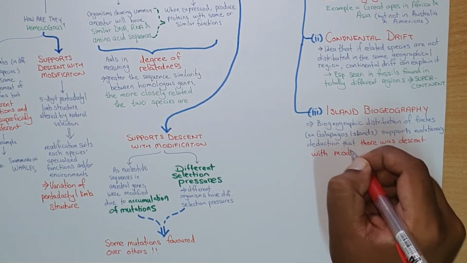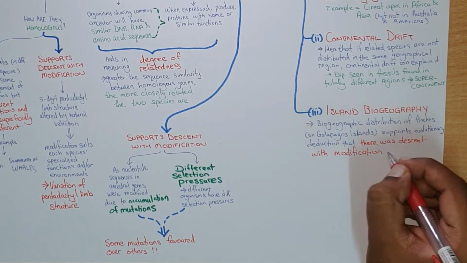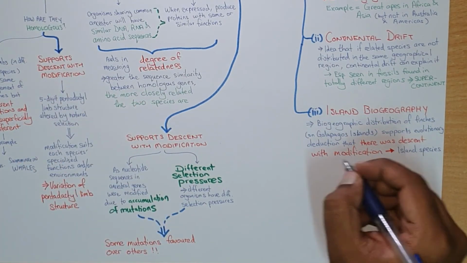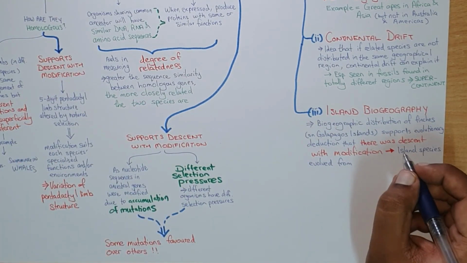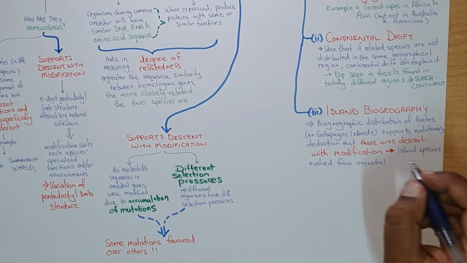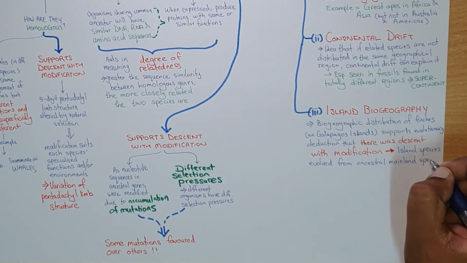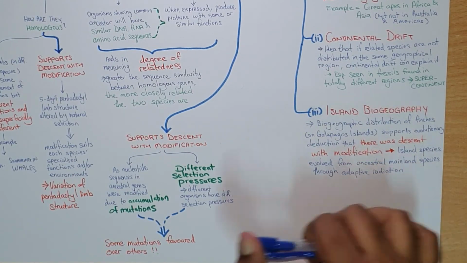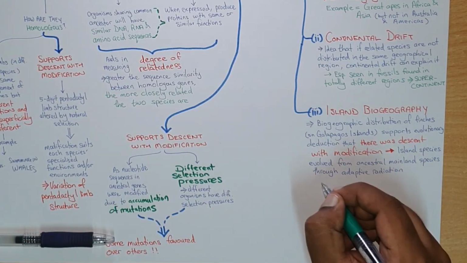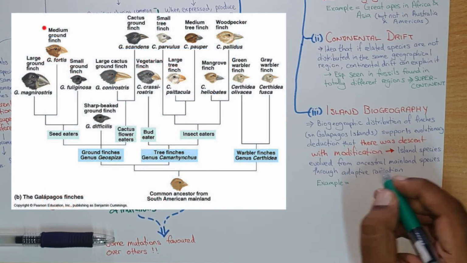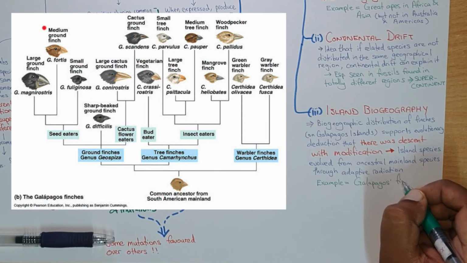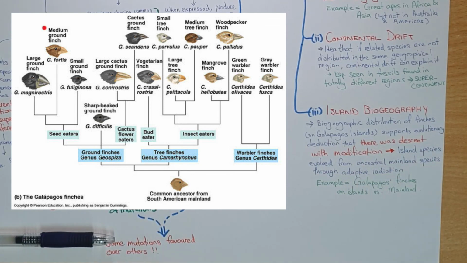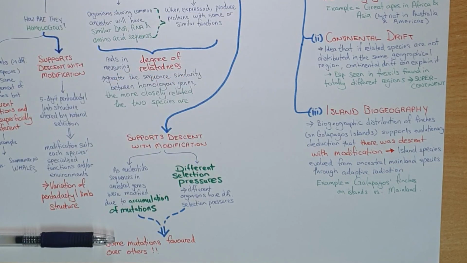It is this biogeographic distribution on an island that supports the idea of descent with modification, because we know now that island species evolved from ancestral mainland species, and this is commonly seen in a lot of islands. And this happens because there is adaptive radiation as a result of natural selection. So remember, there's a very good example in the Galapagos finches on the islands versus the mainland finch. So this is island biogeography.